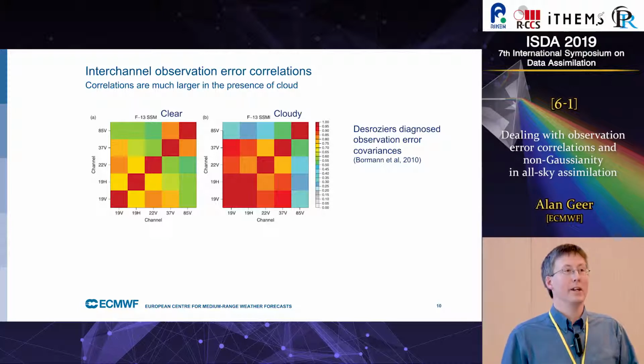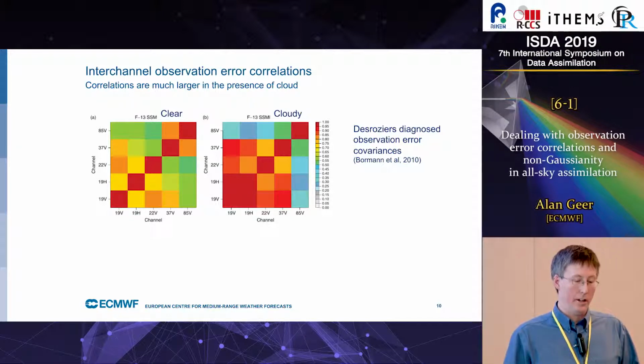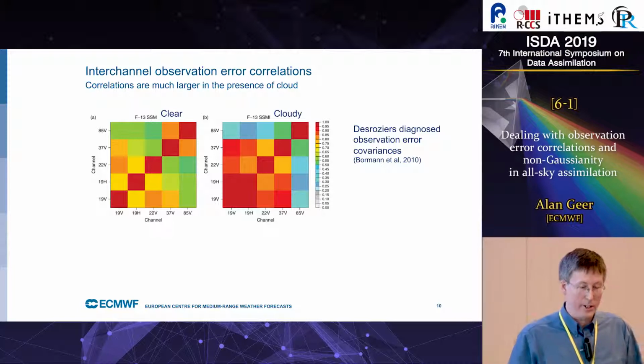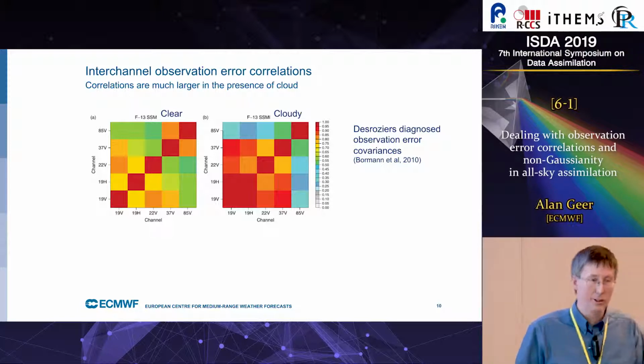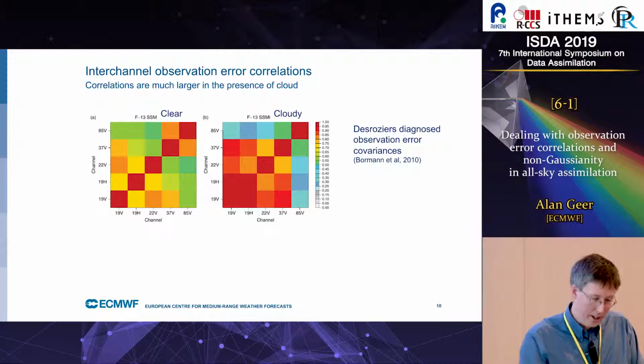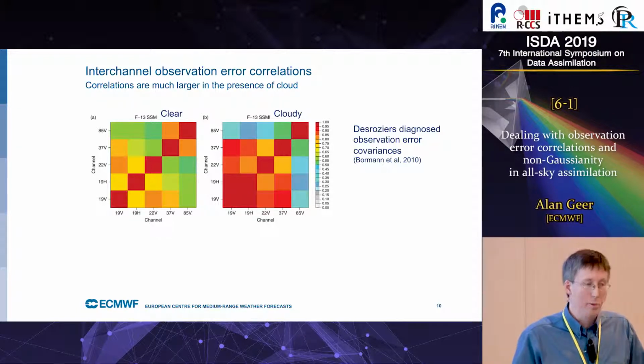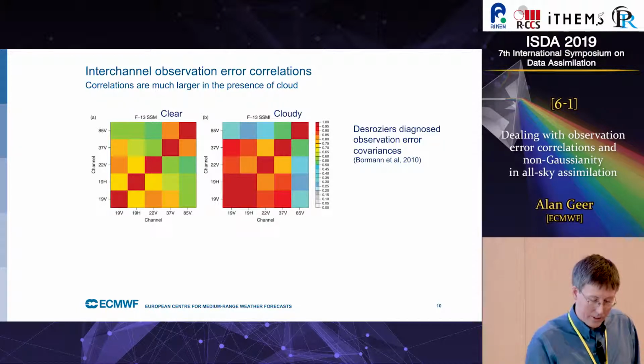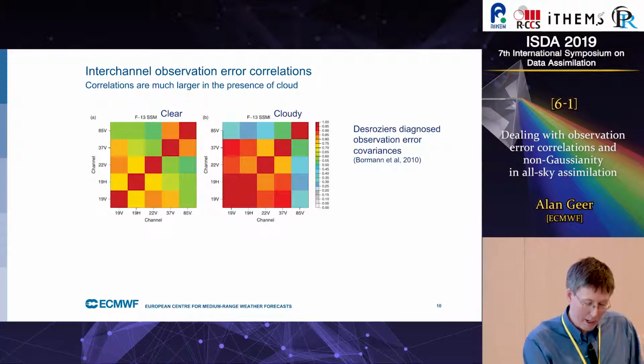We're just thinking about interchannel error correlations, and these correlations get much bigger in cloudy situations than in clear skies. These are some results that Niels Bormann derived a few years ago using de Rosier. So we really want to be modeling that variation not just in error variances, but also in correlations across the different error populations that we've got.